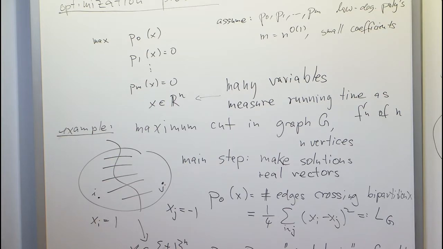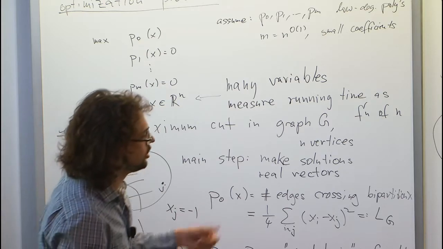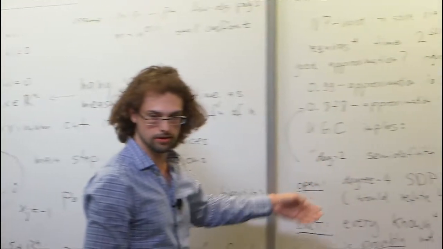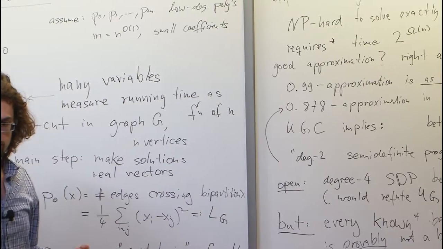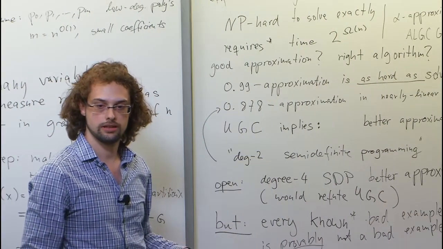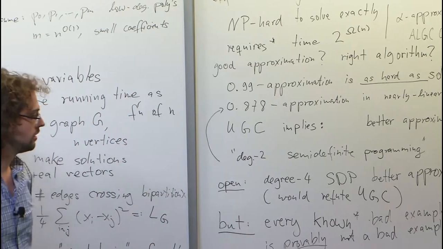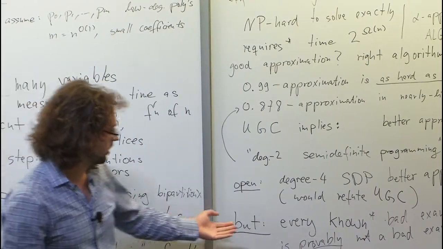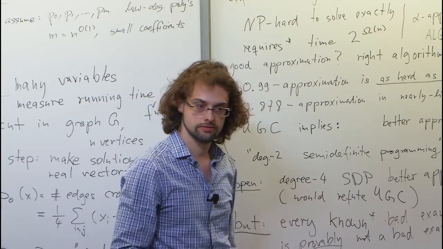To some extent, degree 2 is always enough to define combinatorial problems. Then there is the degree that you use for the algorithm, and you can choose a larger degree for the algorithm, and that turns out to help for these bad instances.